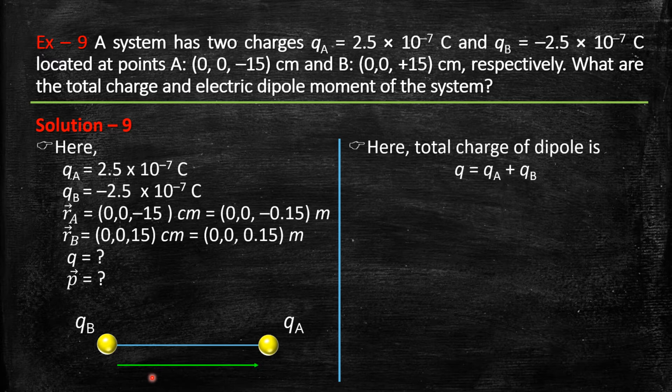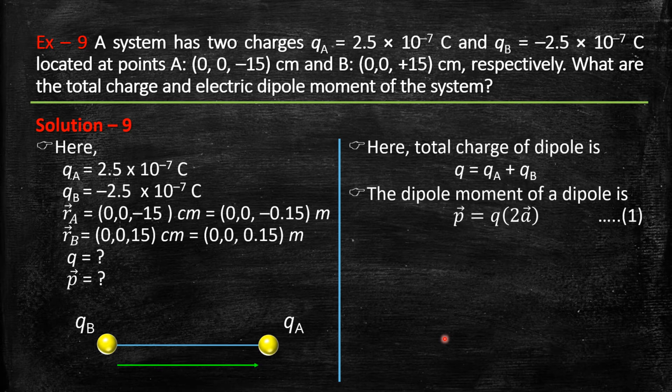So in this case, as the negative charge is QB, the direction of dipole moment is from B to A. Hence, P is equal to Q into 2A. Now Q is 2.5 into 10 raised to minus 7. It is simply magnitude, not plus or minus.